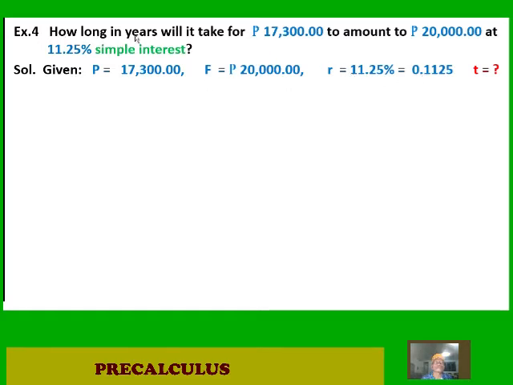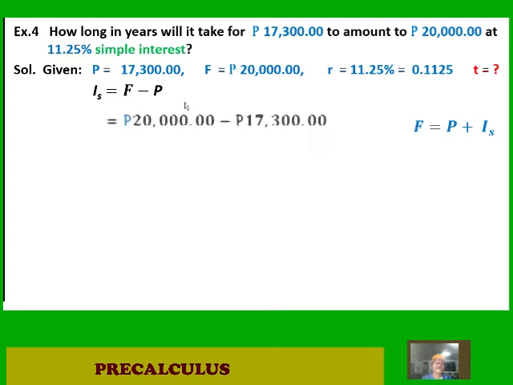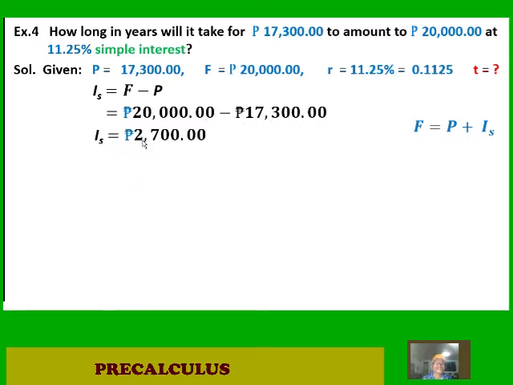It is asking for time in years. So from the formula, future amount equals principal plus simple interest. So solving for I sub S, it is equal to F minus P. Substitute, F is 20,000, principal is 17,300. So that is equal to 2,700 pesos.